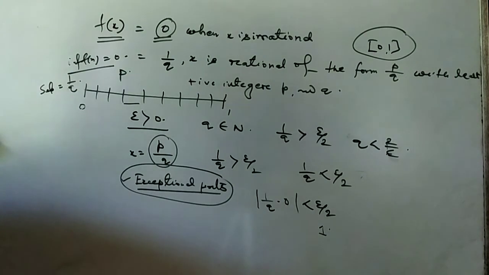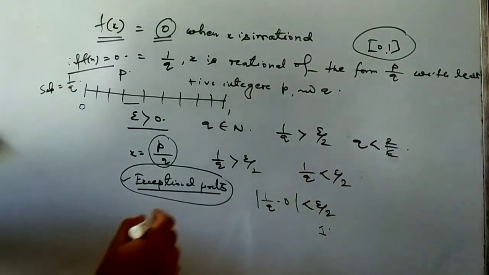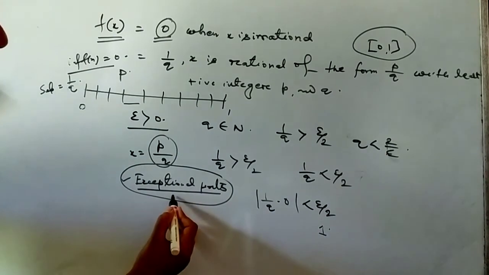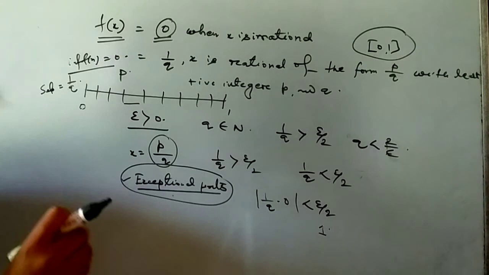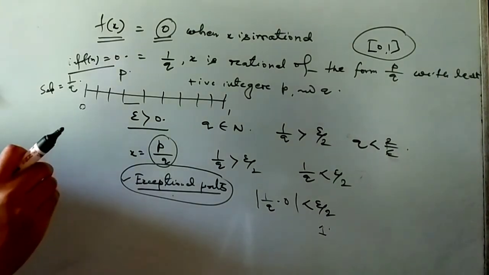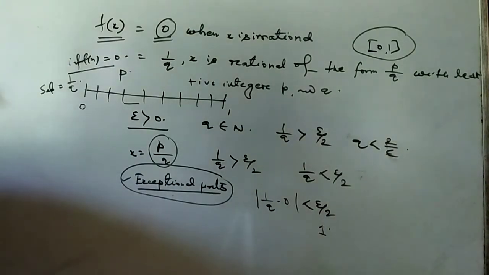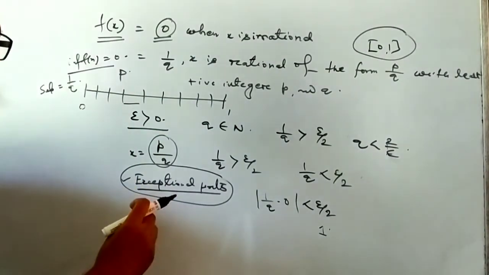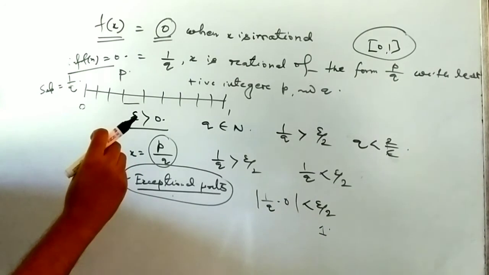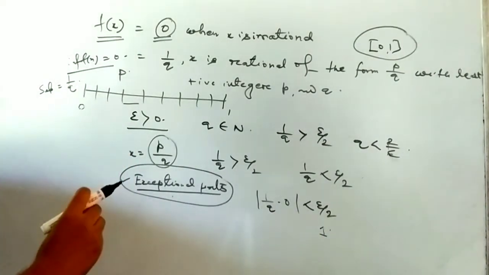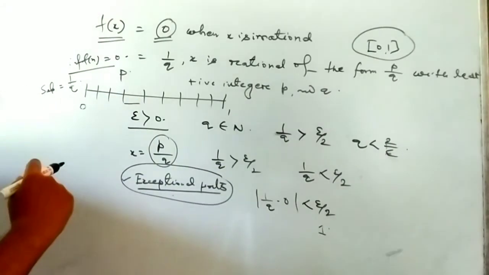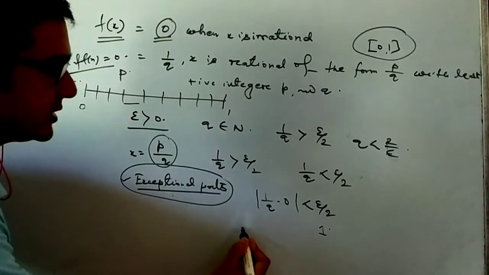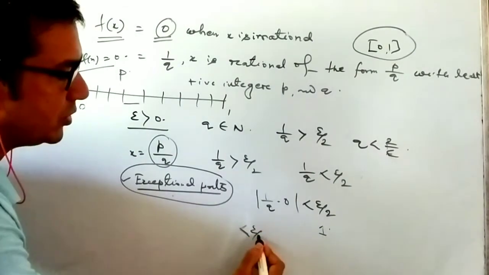Now since the exceptional points are infinite in number, we make a partition such that the total length of the subintervals containing the finite number of exceptional points is less than epsilon by 2.